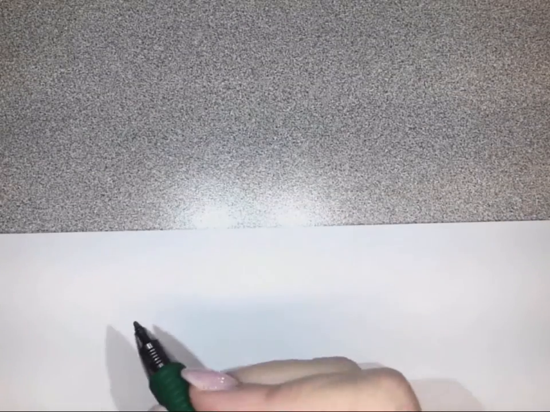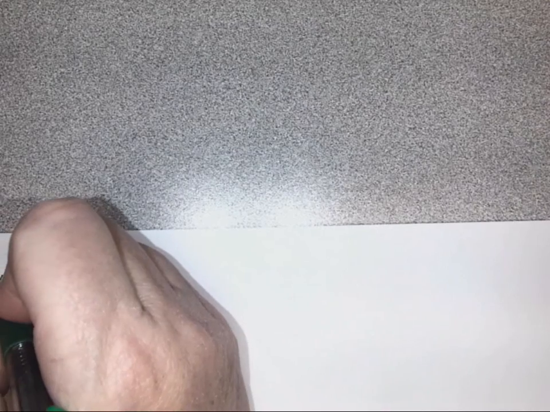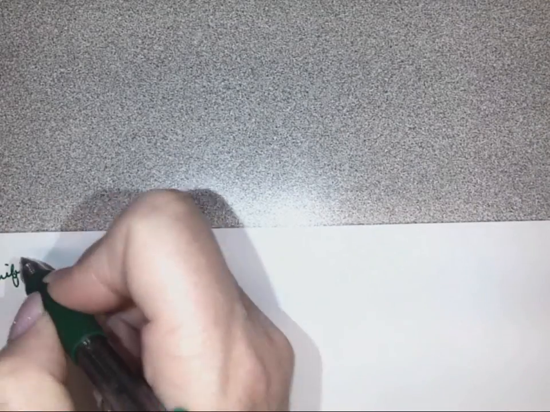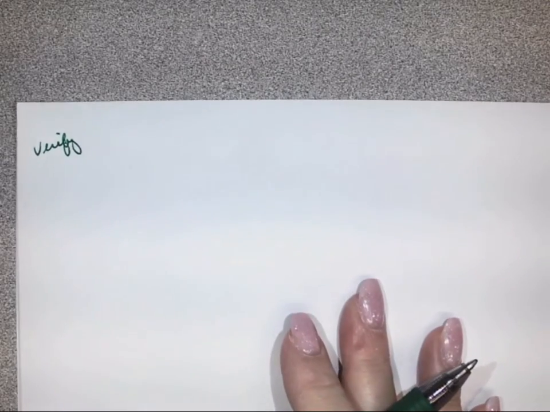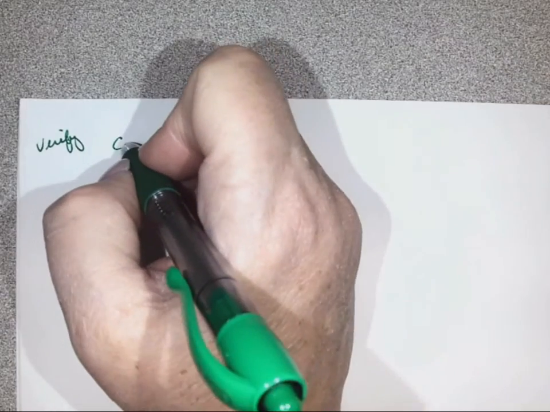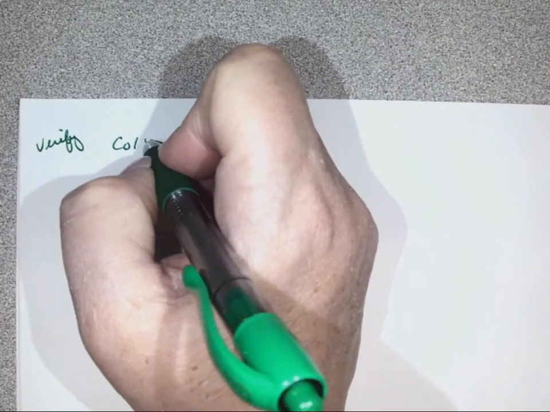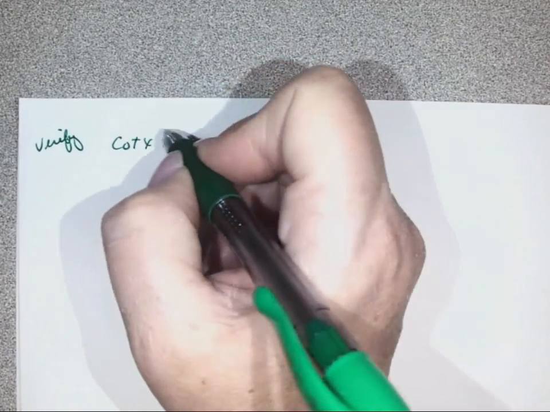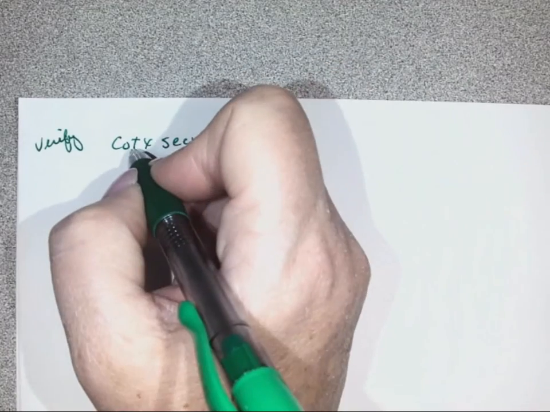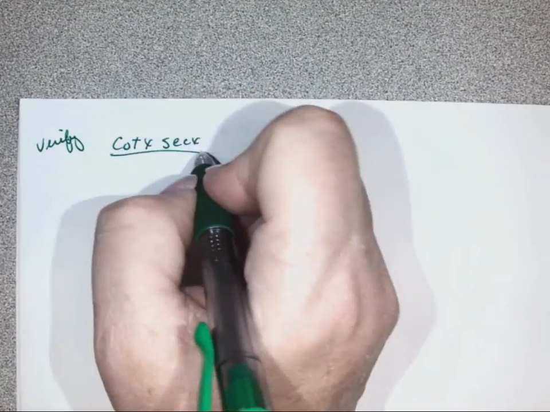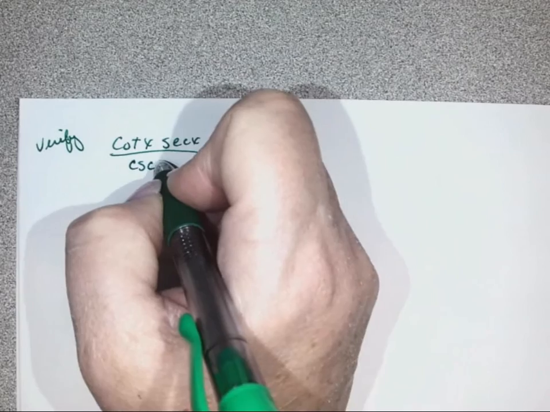All righty, let's go look at another example. So we are again doing some verification. So we're verifying, and we are looking at cotangent x, secant x, over cosecant x.